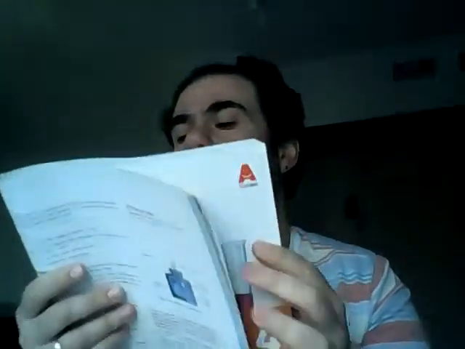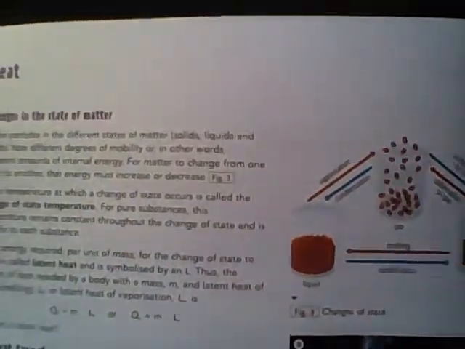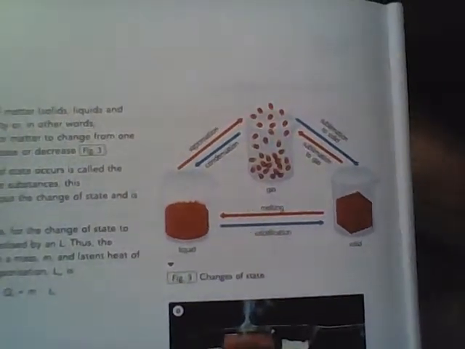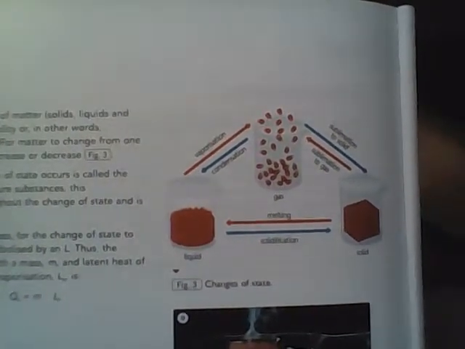If you remember this triangle, it should ring a bell on you. That is the changes of state. Okay, during a change of state, what happens to the temperature during a change of state?